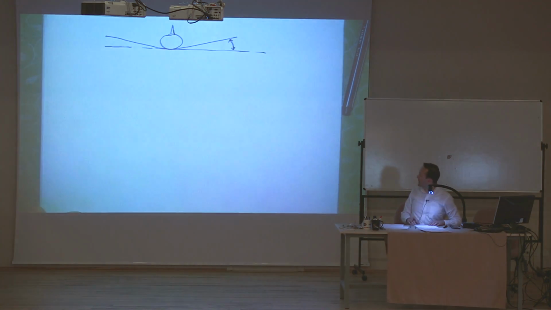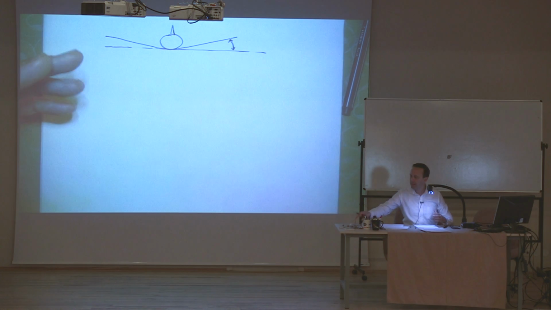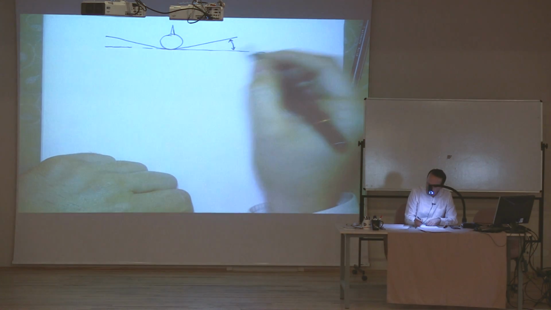Now, I'm exaggerating this angle here a little bit, okay? Even if you look at this airplane, you will see a little bit of a dihedral. It's not like 40 degrees, 50 degrees. It's very subtle, but it's there, okay? If you look at older airplanes, the big dihedral angles are a little bit more obvious. So this is what we call the dihedral angle.